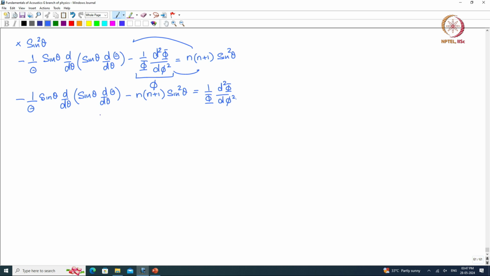So now this is solely a function of theta, this is solely a function of phi.